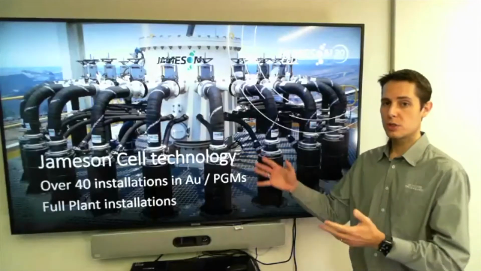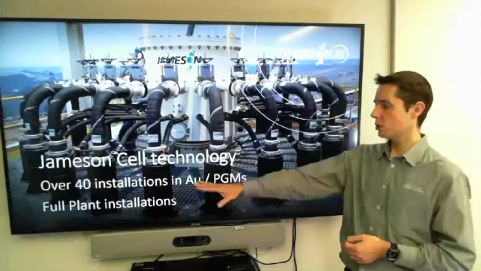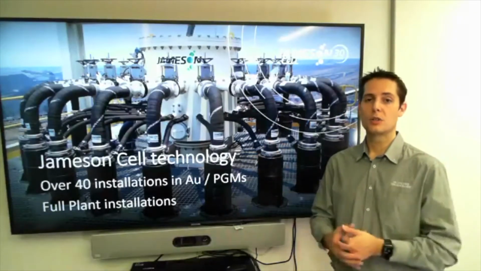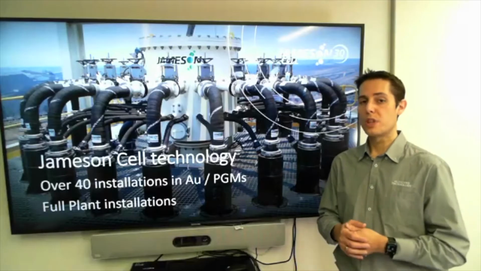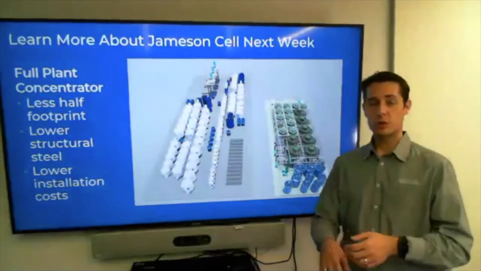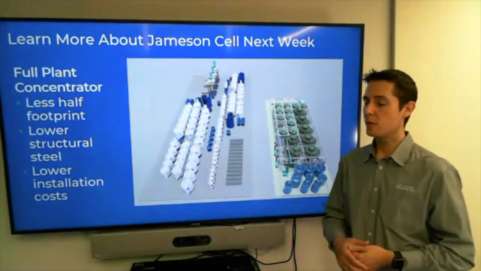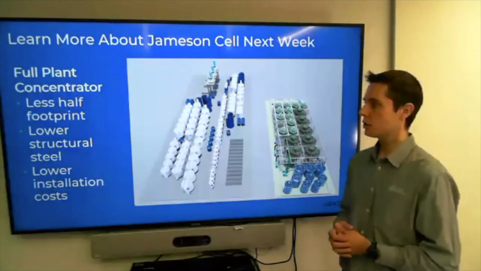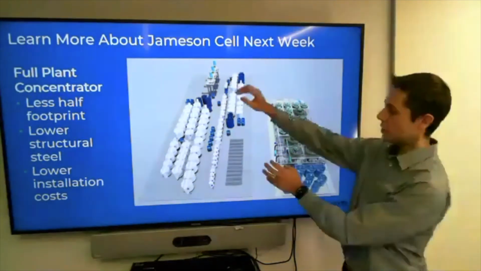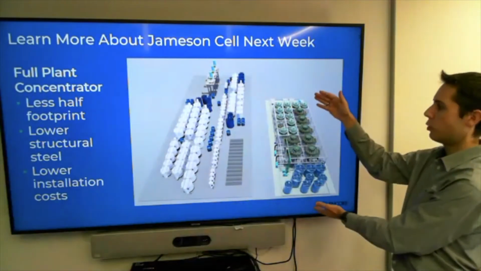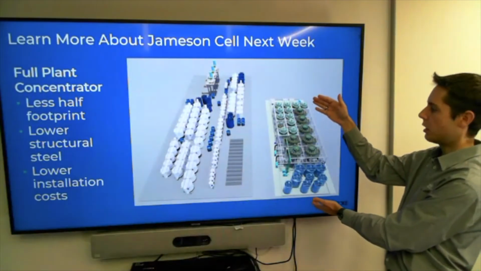The Jameson Cell itself has been installed in 40 installations of gold and PGMs, although we have over 300 of the flotation cells within the industry as a whole. So what's different now? If you go to our YouTube channel, you'll be able to have a look at the webinars that we've been doing on the full plant Jameson cells. This is looking at replacing a standard concentrator that you see here with a full plant Jameson cell concentrator that you see here.